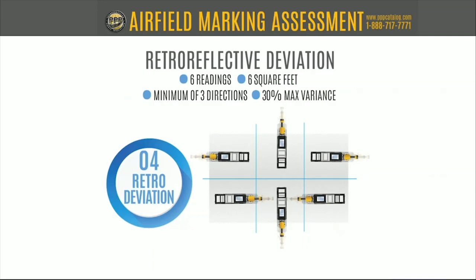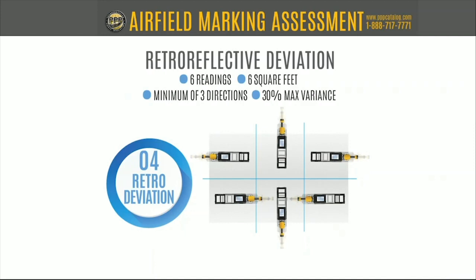So, Mike, your thoughts on this? Thanks, Greg. The FAA specified this in that same advisory circular I mentioned earlier. They're essentially looking for uniform appearance at night. That's what this 30% max variance is all about.